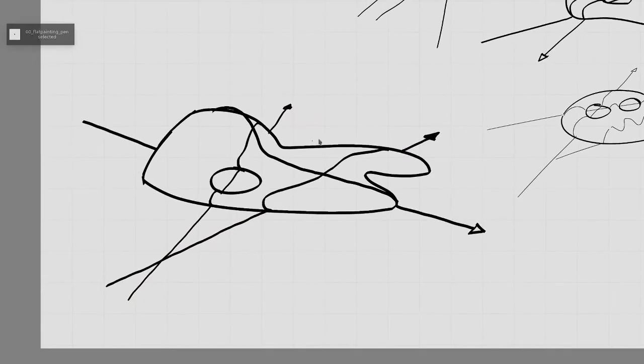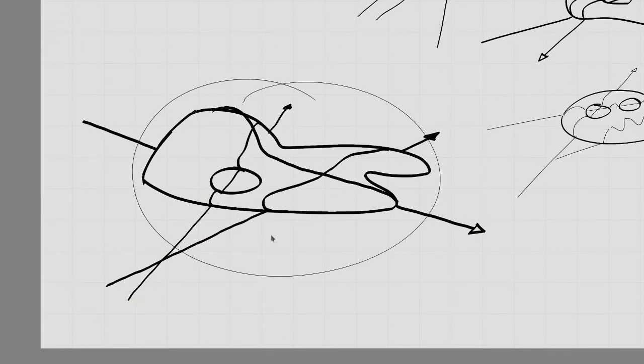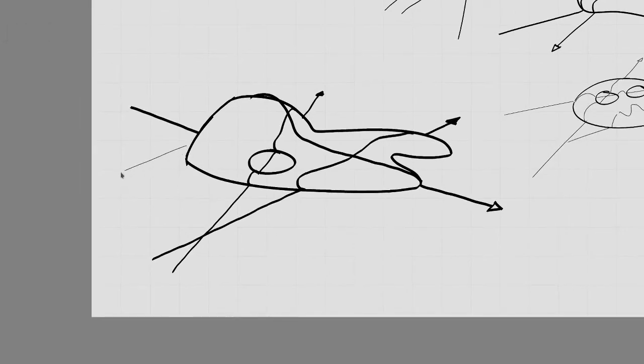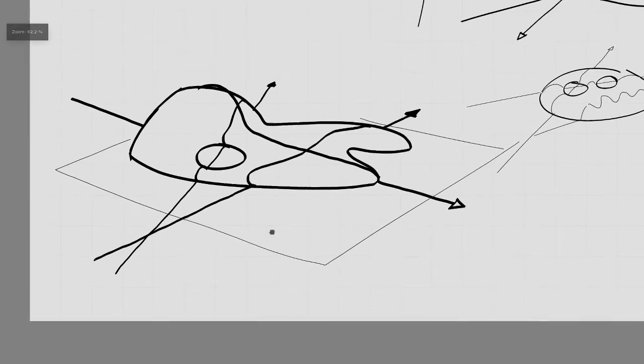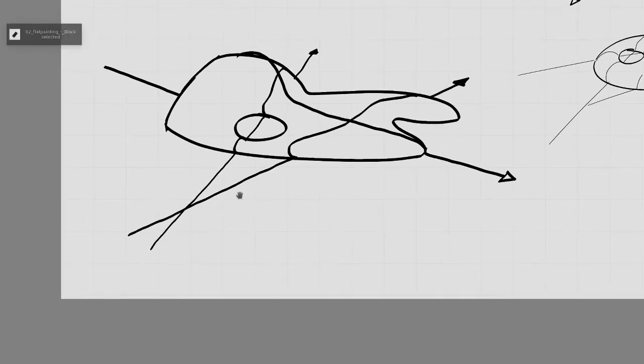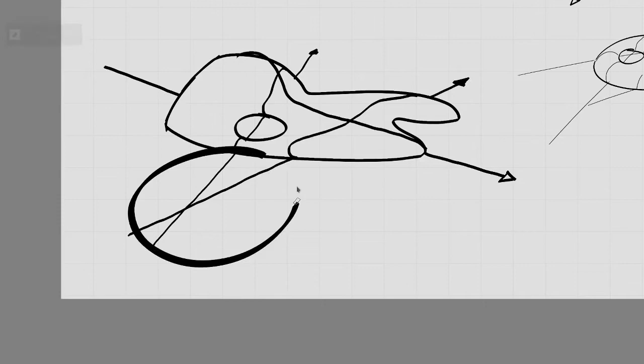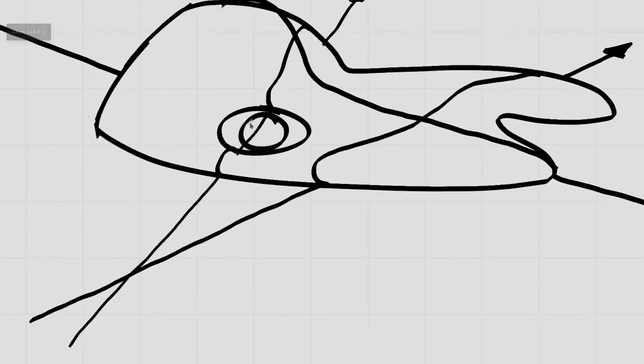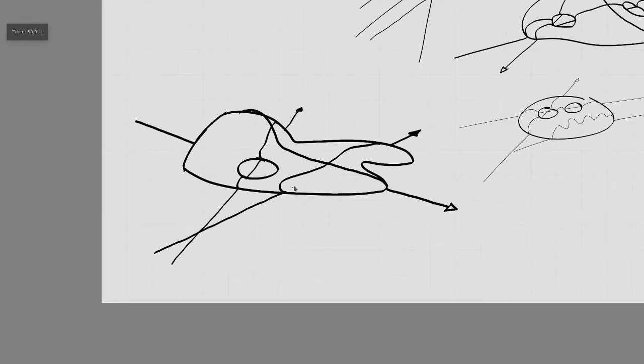We're defining the form and we're defining a ground plane that it's sitting on. We're defining the ground plane because we're sticking something on its surface at all these areas, this area, this area, and here in this area.